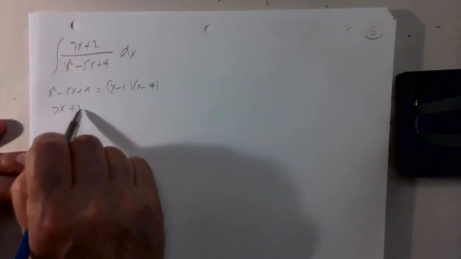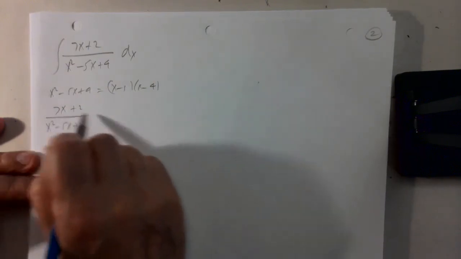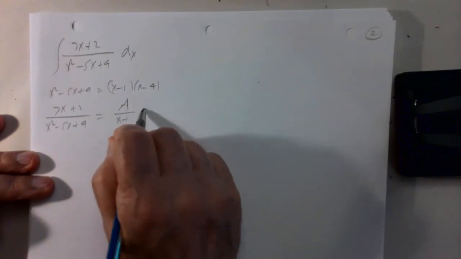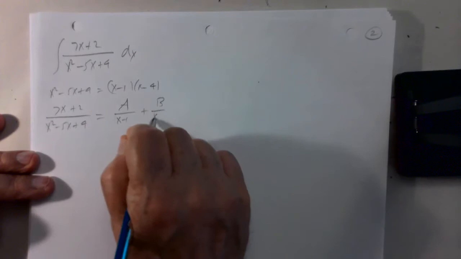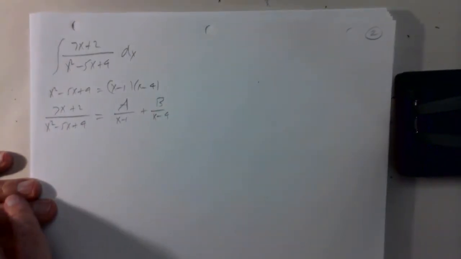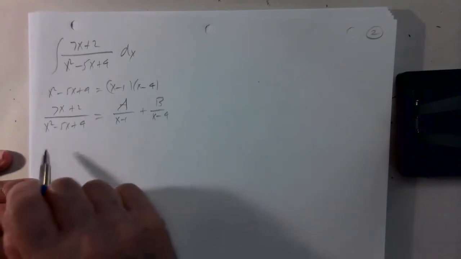So by the theorem on partial fractions, we can write this as something in the form a over x minus 1 plus b over x minus 4. So there exist numbers a and b for which this is true. How do we find them? Well, we can cross multiply.